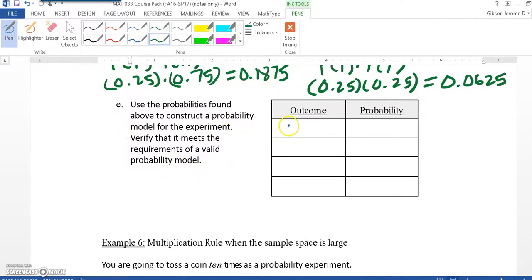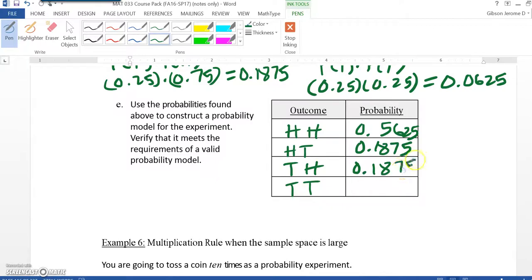Okay, first of all, we had 2 heads, then a head and a tail, then a tail and a head, then 2 tails. So the 2 heads was 0.5625. The head and the tail was 0.1875. The tail and the head was 0.1875. And the 2 tails was 0.0625.